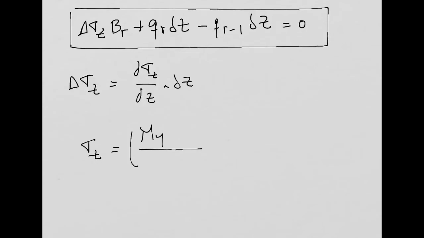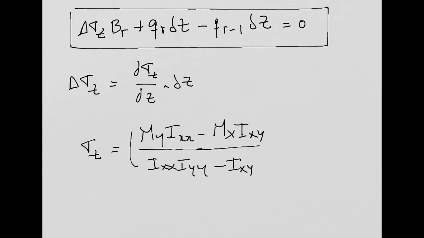We have the bending moment in the y direction times the second moment of area about the x-axis minus the bending moment in the x direction times the product of inertia, dividing by Ixx Iyy minus Ixy squared. This will multiply the distance to the neutral axis in the x direction, plus, I will continue here below, plus, now we have another term, where the denominator is the same as the other one.